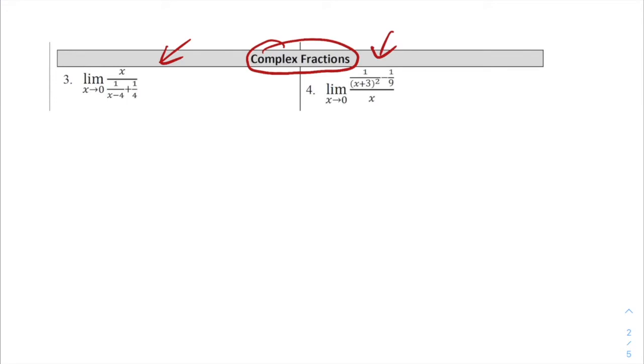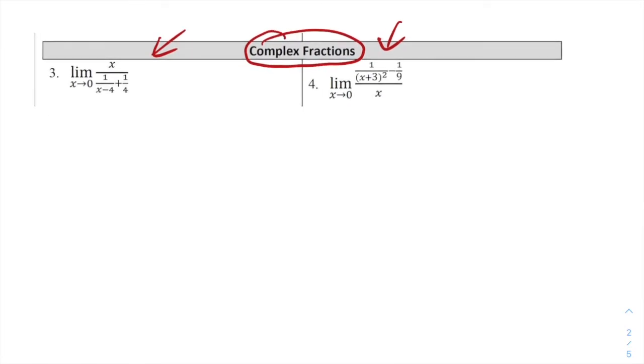Now, similarly to our previous problems, our first step in any problem where they give us the equation is to try direct substitution. So if we do that, we would have a 0 in the numerator for that x, being divided by 1 over 0 minus 4 plus 1 over 4.